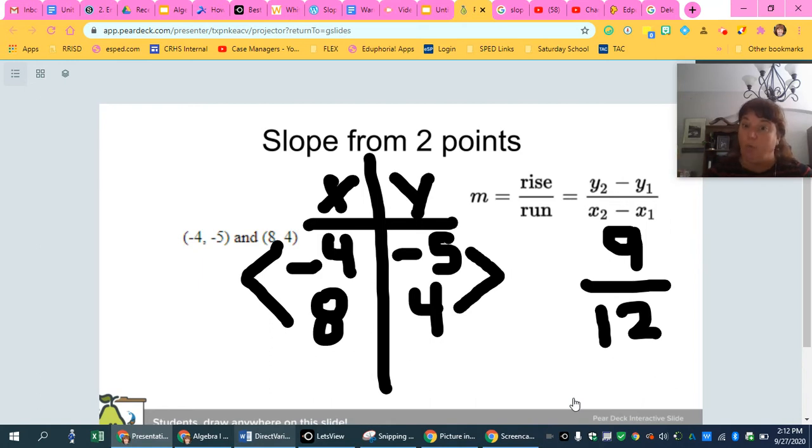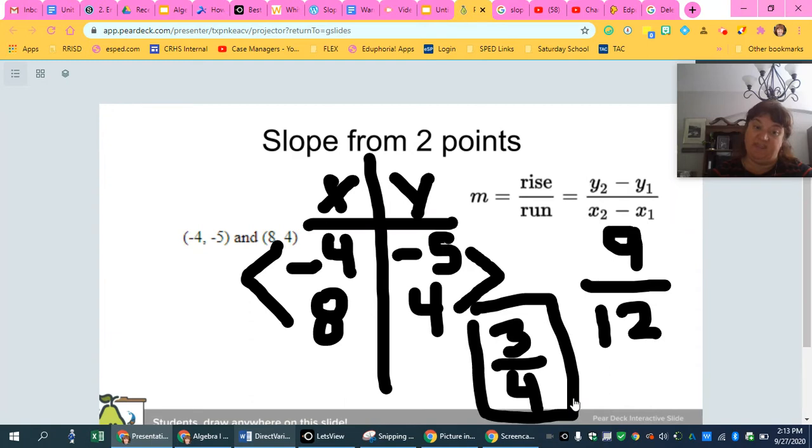So my slope, my rise over run, is 9/12, and that can be reduced to 3/4 because 3 goes into each of those. So my slope between these 2 points is 3/4.